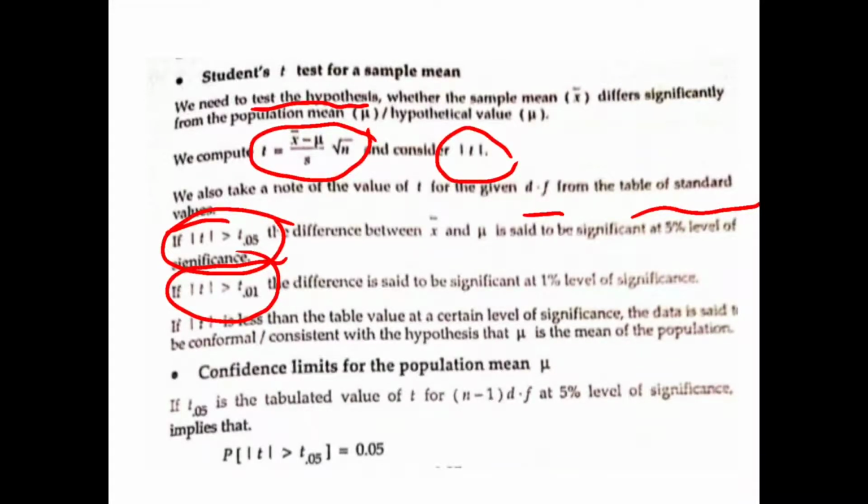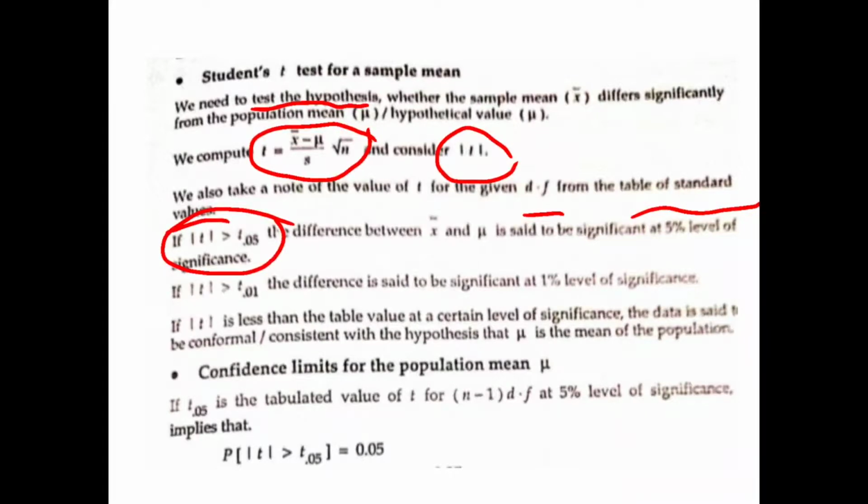Okay, so we know that if the absolute value of t is less than the tabular value under the particular level of significance, whether it is 5 or 10, and sometimes I told you we can have 2% level of significance also, then the data is said to be conformal, that is consistent.